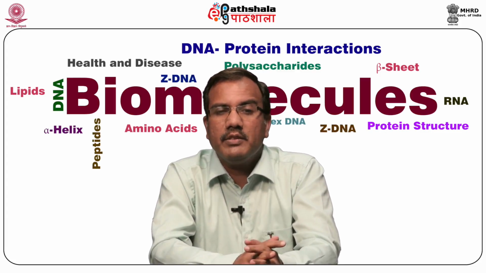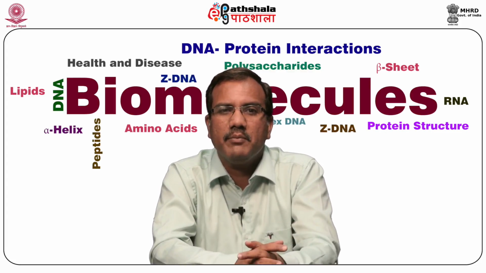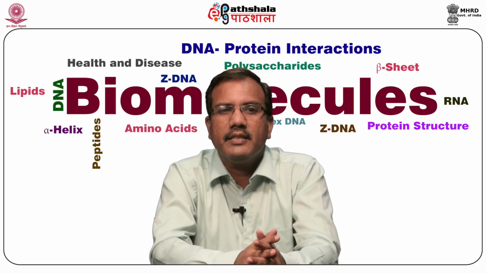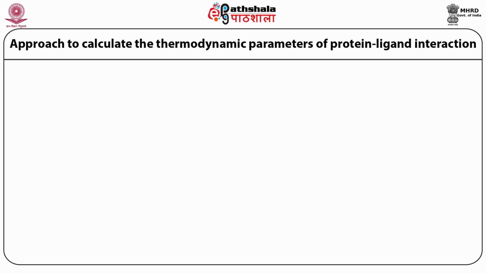Many water bonds with protein or ligand need to be broken during ligand binding, and that has an unfavorable enthalpic effect. Now the question is how to calculate thermodynamic parameters for protein ligand binding. As we know, it is very difficult to know the enthalpy change, since a lot of bonds are getting formed or broken during a protein ligand interaction.